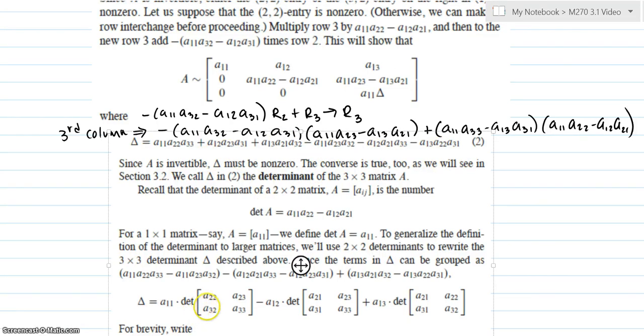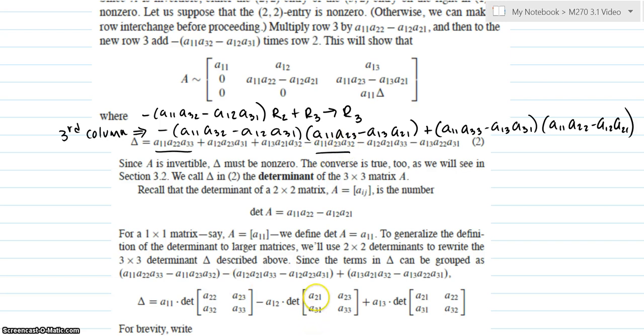If you're just going to take the determinants of these 2 by 2's, this is A22 times A33. So it would be A11, A22, A33, which is this term. And then we're going to subtract these two. So it's A11, A23, A32. That's the one we're looking at.